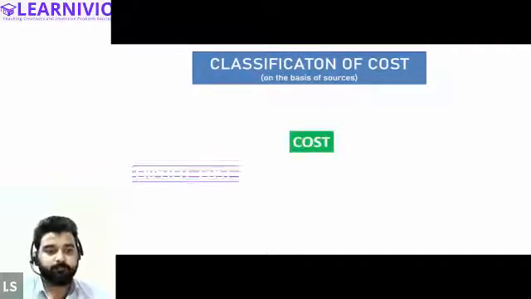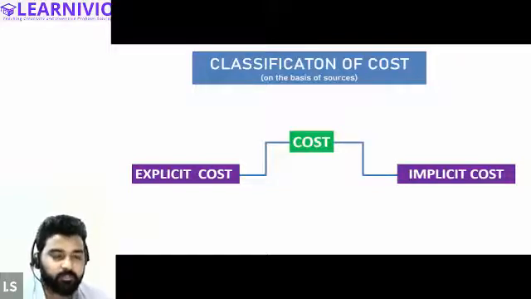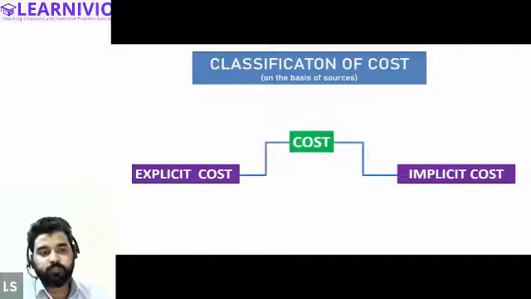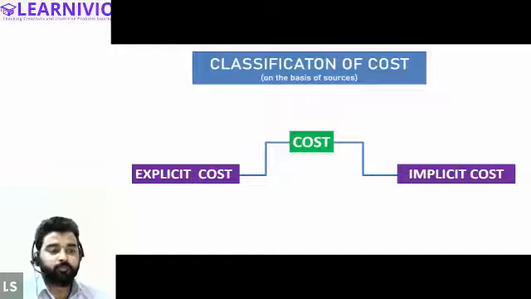Cost can be categorized as the implicit or the explicit cost. Whatever resources you require for producing a good, it may be possible that a few resources are already available with you. You are not required to purchase those resources from the market, because you already own certain resources.